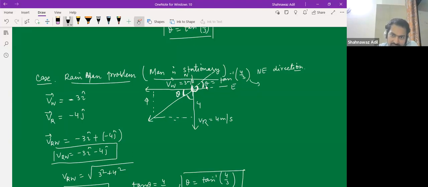If we are measuring the angle from the vertical, then this would be theta dash. So this is the angle from the vertical, and this is the angle from the horizontal.